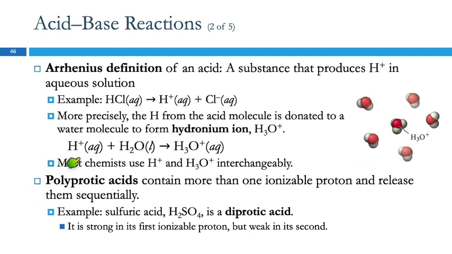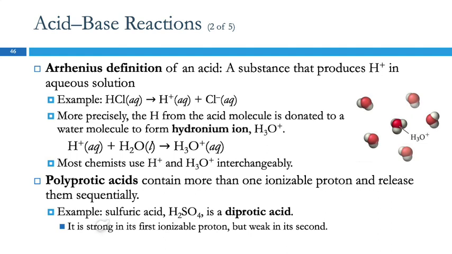That hydrogen ion on the acid is called an ionizable proton, because when you ionize it, it becomes just a proton. And so polyprotic acids are many proton acids. They have many hydrogens, and so they have more than one ionizable hydrogen.